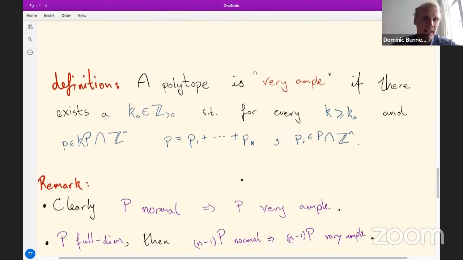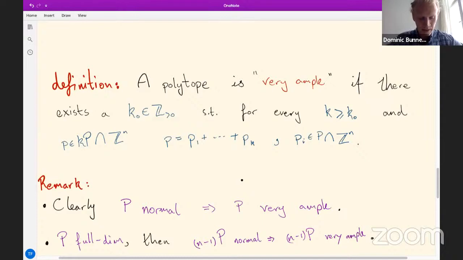Okay, so now here's a related definition to normality of a polytope. We say that a polytope is very ample if there exists a k0, a positive integer, such that for every integer k greater than k0, we have this property that when we take a lattice point of the kth dilation, then it's a sum of exactly these points.